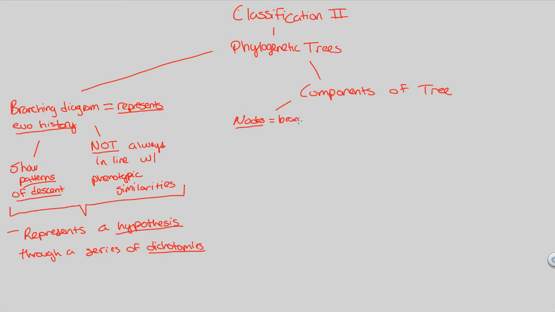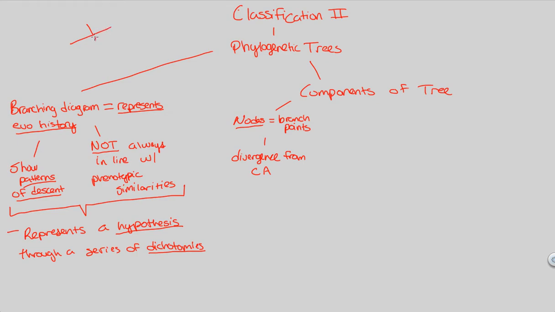This is the start of a dichotomy, let's say. And as branch points, nodes will then, of course, represent what we would consider a divergence from a common ancestor. Two things are on the same path, and then let's say there's a divergence here, and then there's a divergence that way.